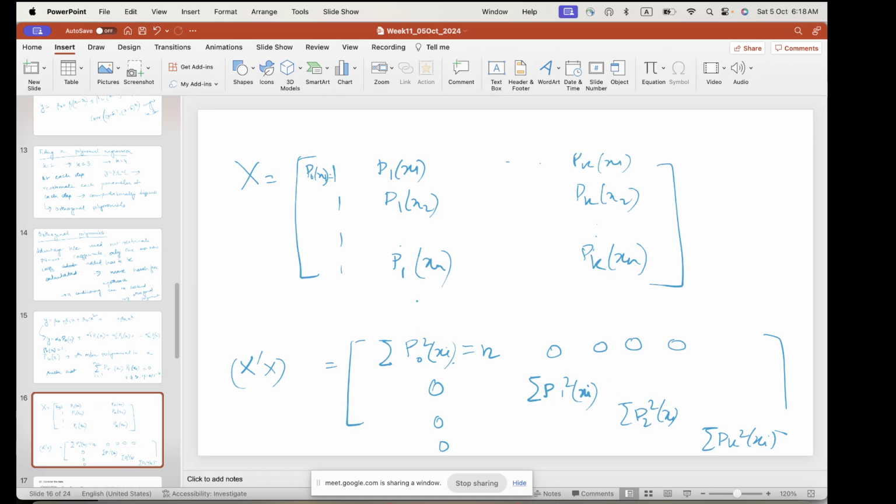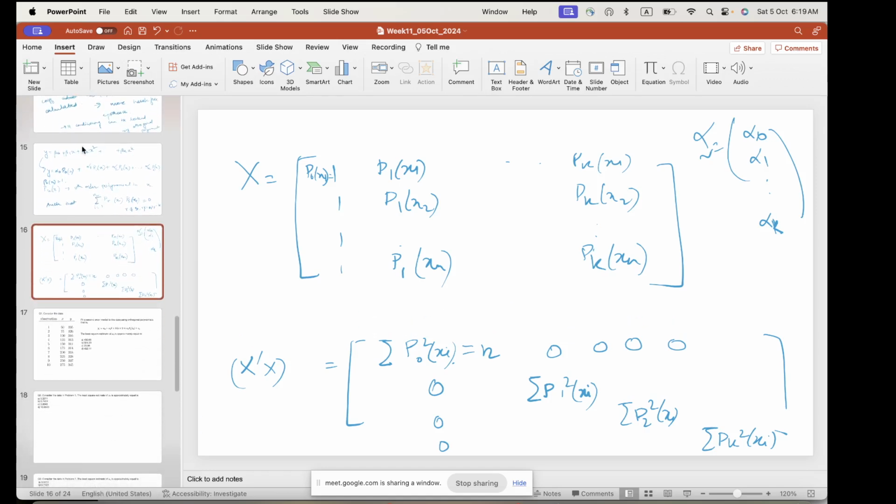Alright, so then inverse of this is very easy. It will be 1 by this thing, 1 by this thing, 1 by this thing, 1 by this thing, and that's it. Okay, and instead of betas, we are going to have the parameter as alpha. So alpha naught, alpha 2 to alpha k. Okay, why? Because we are having a kth order polynomial. Alright, so then how much will alpha j come to?